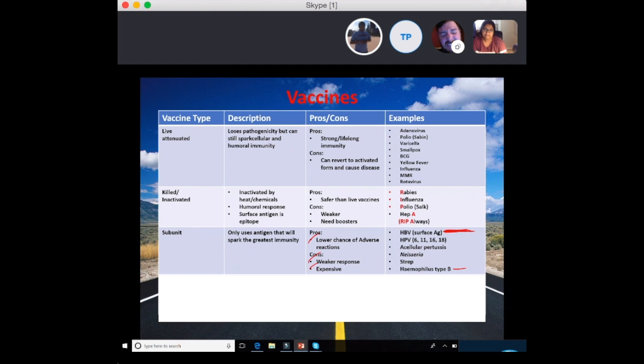Anti-surface antigen positive, and that's it. Everything else, E antigen, core antigen, all of those are negative. And that's because you're only using a surface protein.